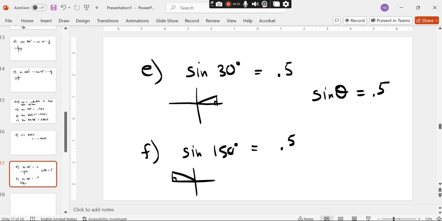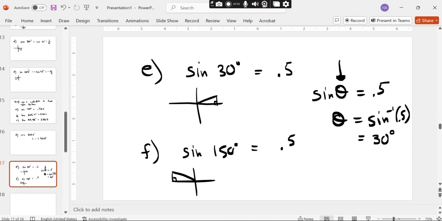Oh yes, we have to do sine inverse, right? Whenever we are trying to figure out our angle measurement, we always do this. So if you punch into the calculator, what gives you that? Interesting. It gives us not the 150, it only gives us the 30. Said another way, our calculator gives us reference angles.